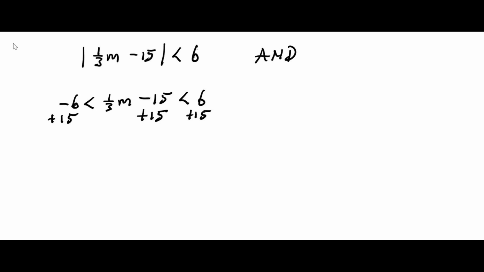All right, so -15 plus 15 will simply cancel, and -6 plus 15 would give us 9, less than, we are left with 1/3 m, so 1/3 m is less than 6 plus 15 is 21.